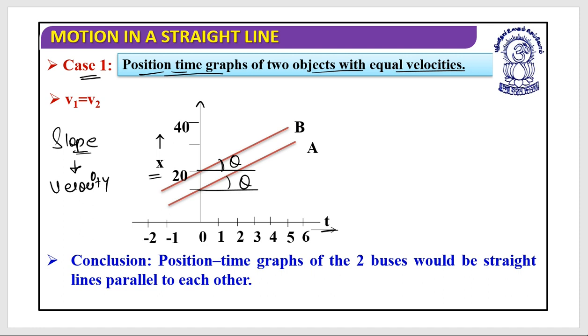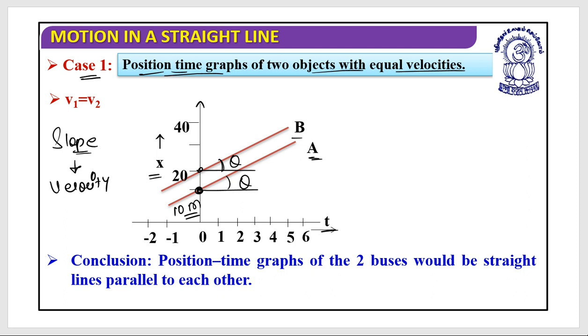So both have the same velocity, but will these two objects meet somewhere, or are they just moving parallel to each other and not going to meet anywhere? Look at this. If I assume this is x equals 10 meters, then object A has started at 10 meters and object B has started at 20 meters.